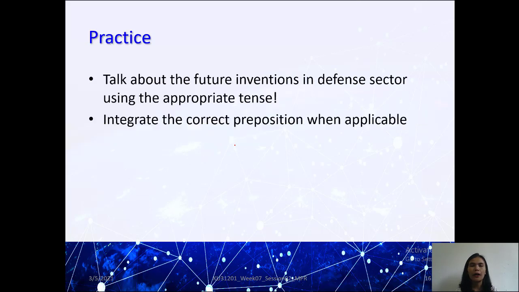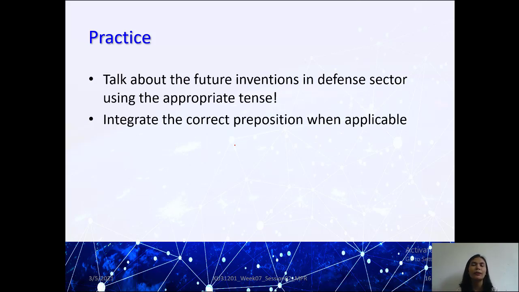And the second one will be integrating the first grammar topic and the second grammar topic, which is about future tense and preposition, and also the topic for today, which is about defense technology, okay? So what is actually the exercise? What I want you to do is to talk about future inventions in defense technology or in the defense sector using the appropriate tense.